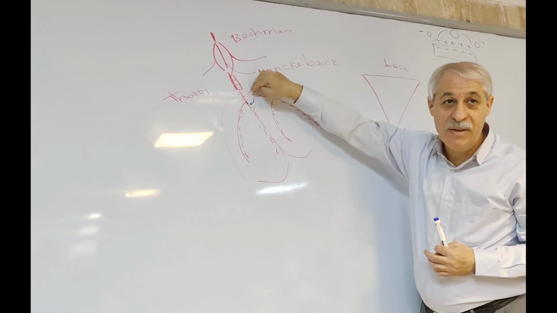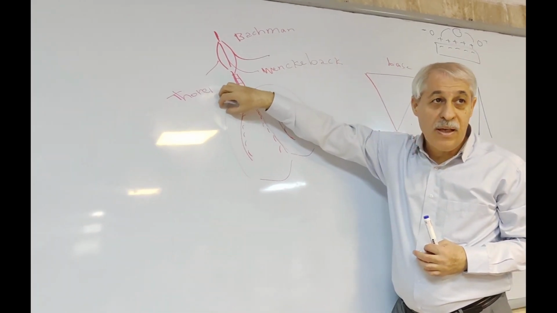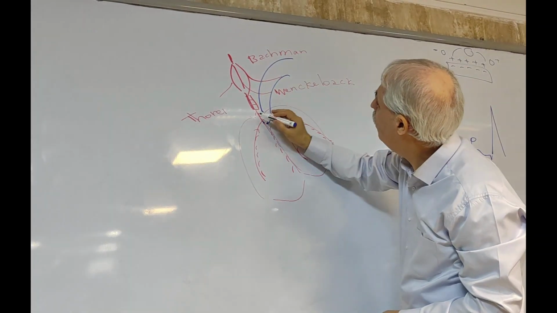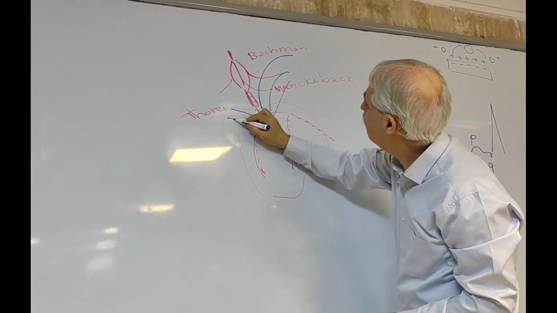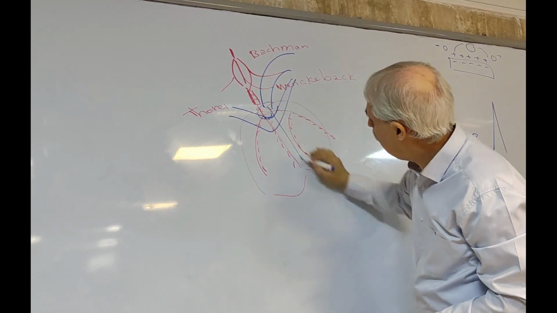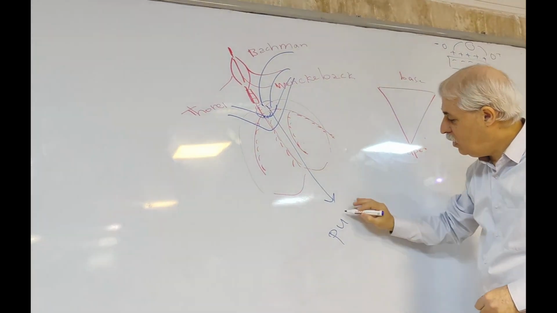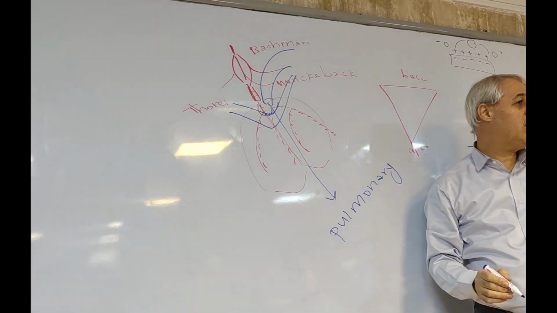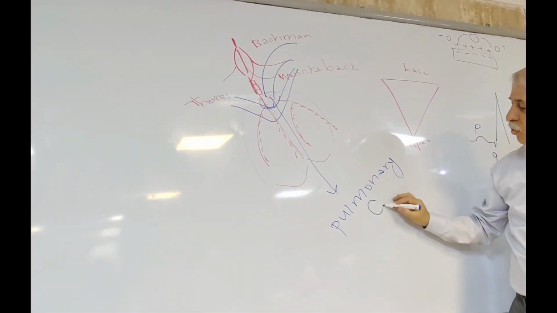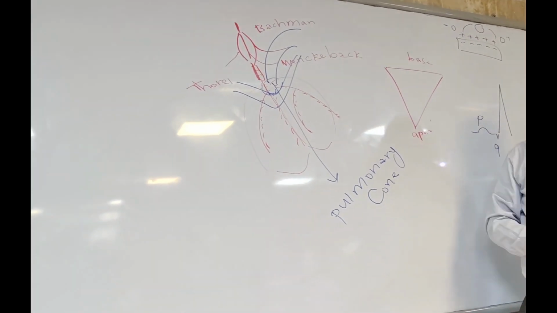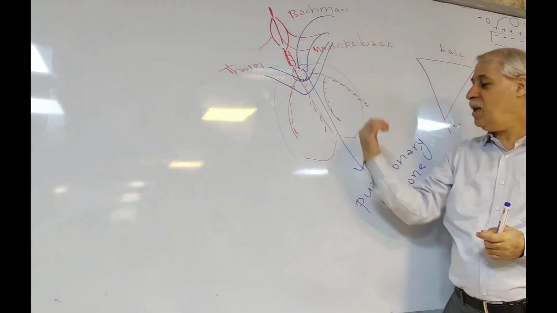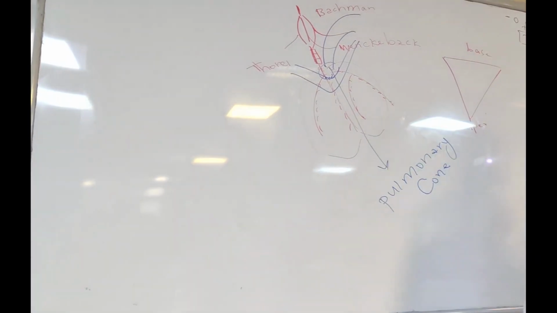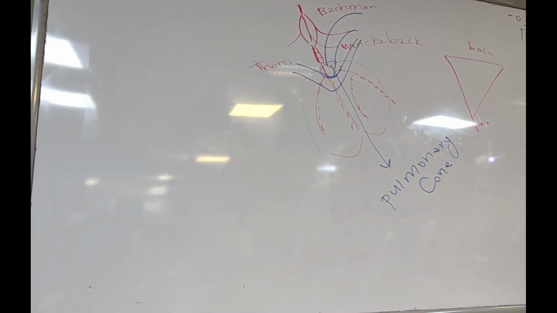This is the base of the ventricle, and the right ventricle. Here is the aorta, and this is the pulmonary artery. This part is called the pulmonary cone. In Farsi, مخروط ریوی. Cone means مخروط. See, this is just like a cone. These are the last parts of both ventricles that will be depolarized.